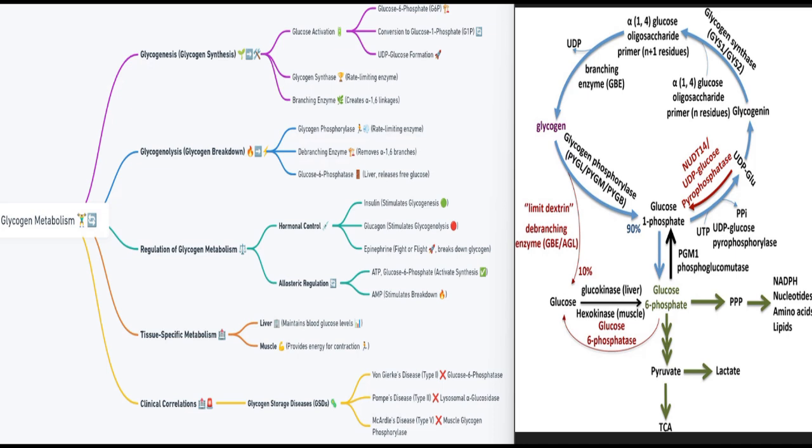So a great deal is known about the detailed regulation of both the synthetic and degradative enzymes, glycogen phosphorylase and glycogen synthase. So the knowledge of this regulation has been fundamental in understanding the general principles behind the metabolic regulation of a host of other enzymes and pathways.